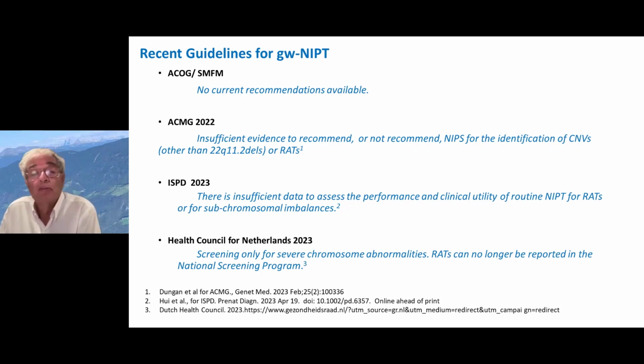And their most recent guidance is that they only want to screen for severe chromosome abnormalities. RATs can no longer be reported in the national screening program. So they've withdrawn the routine provision of information for rare autosomal trisomies, but they do still look for other chromosome imbalances.